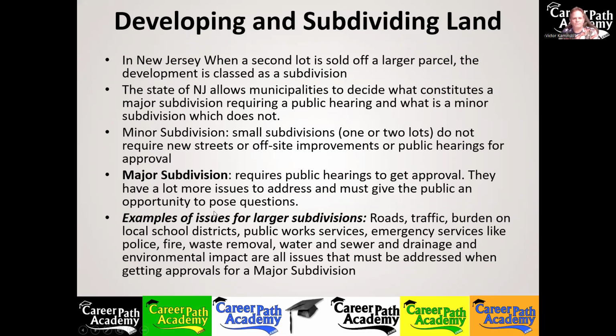Some examples of issues for the larger subdivisions would be making roads, the additional traffic, the burden on the local school districts, especially if it's a big subdivision where you have many, many homes and many children. This would have an impact on the school districts, the public works service, emergency services like police, fire, waste removal, water and sewage treatment, and drainage and environmental impact. These are all issues that must be addressed when getting approvals for a major subdivision.